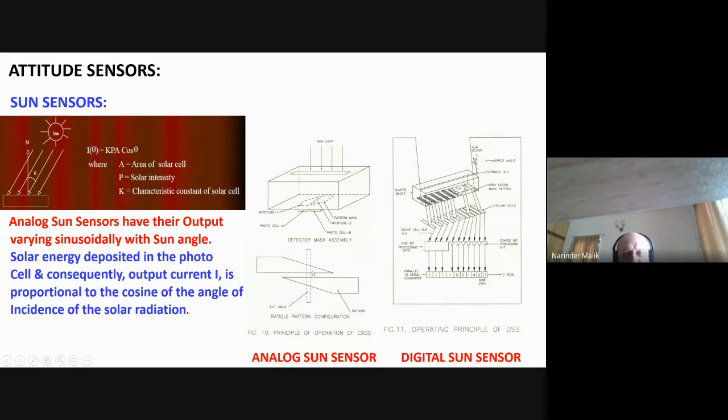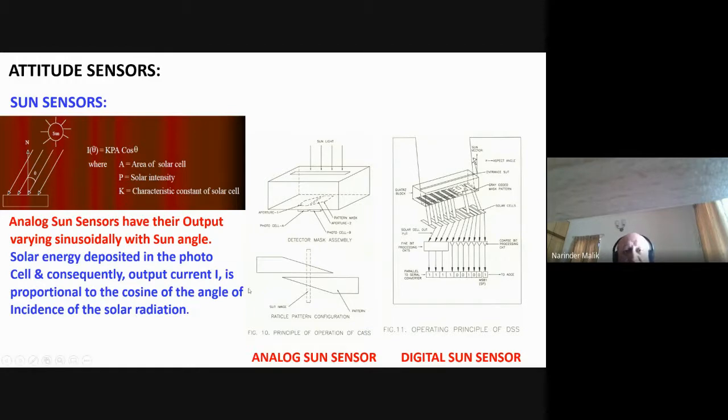Equal area will be illuminated. And you take the difference: the output is proportional to the difference of the two solar cell outputs divided by the sum. The reason you divide by the sum is basically normalizing.